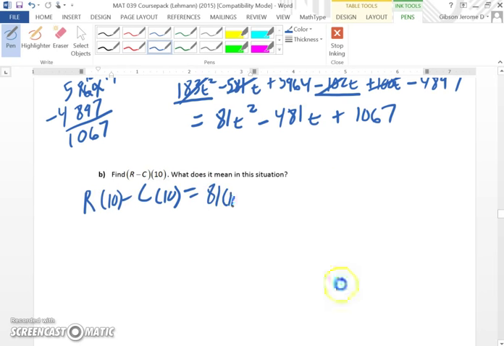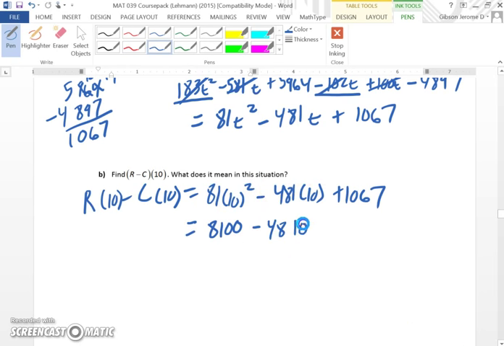So we'll put in 10 wherever t appears. So now, 10 squared we know is 100. 81 times 100 is 8,100. 481 times 10 will give us 4,810. So it's minus 4,810 plus 1,067.